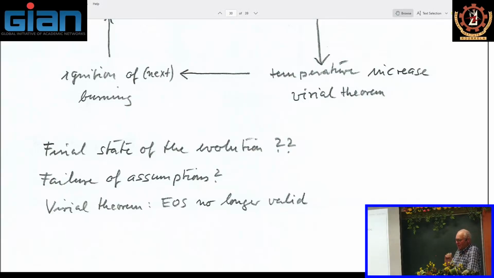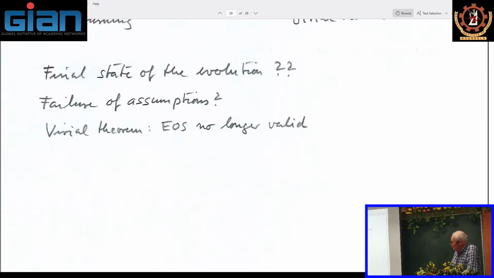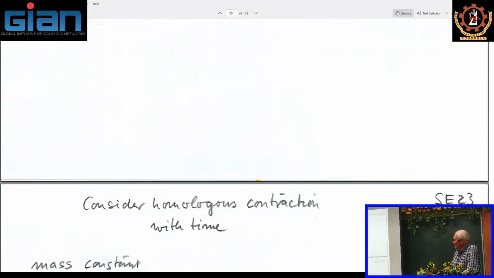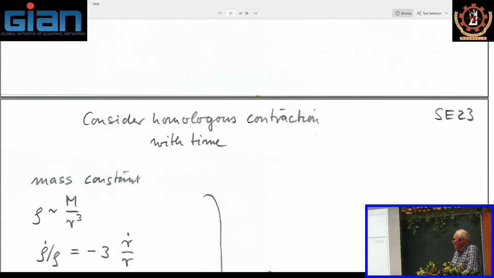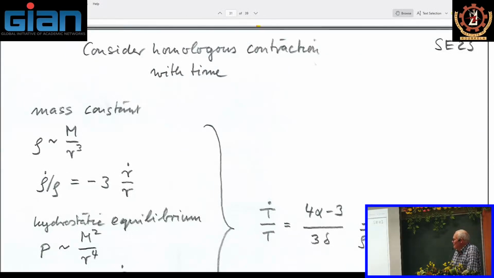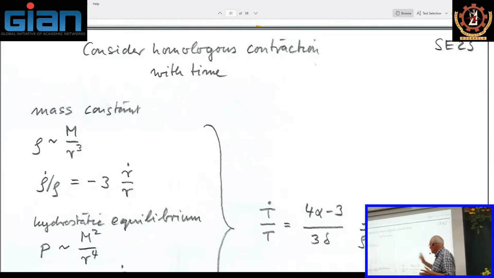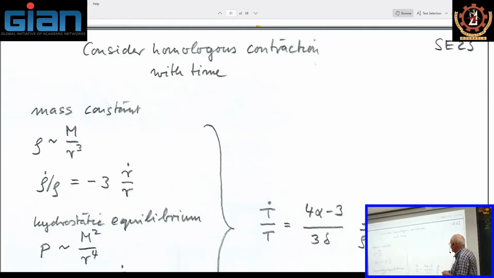Temperature, you would expect, if the virial theorem is valid, would also increase with time. But is that really true? Okay, so we consider a homologous contraction of the star with time. Homologous means, this is an artificial construction, but it shows you in detail what really happens. Homologous means we keep the mass and the structure of the star constant.